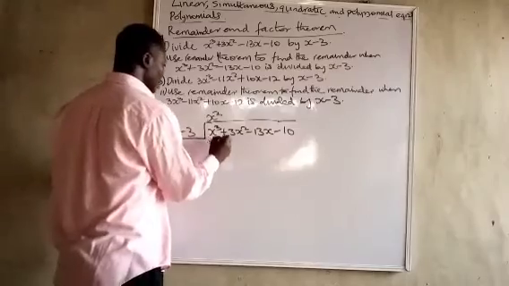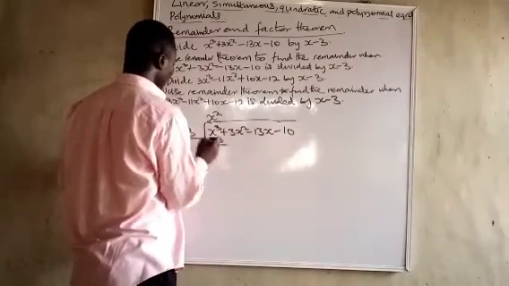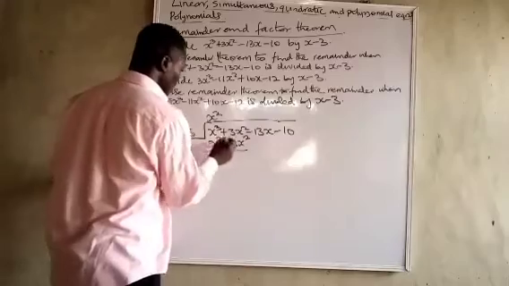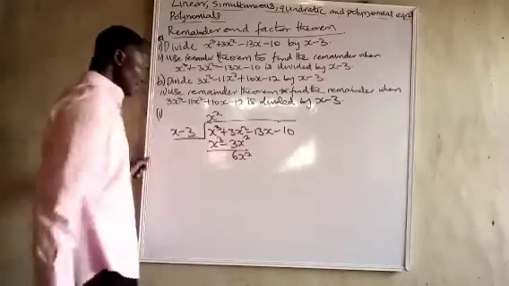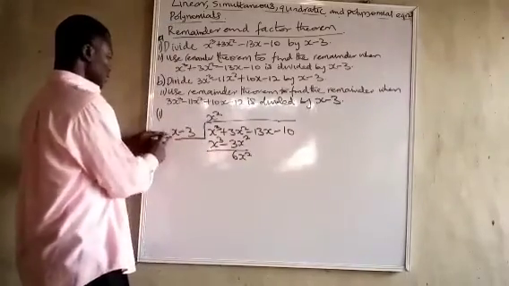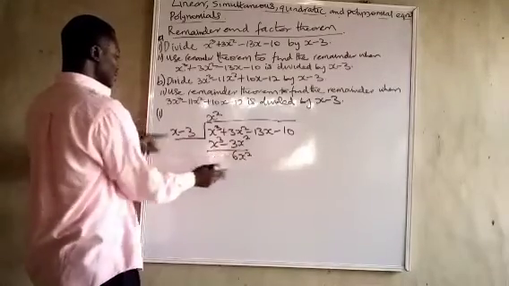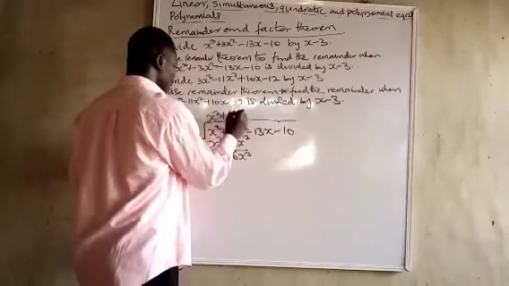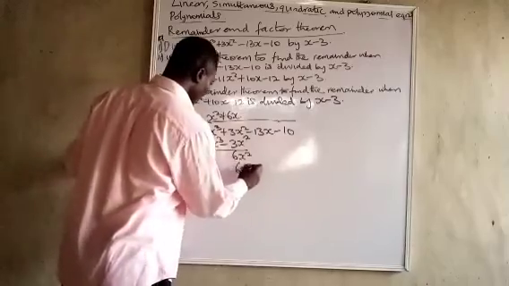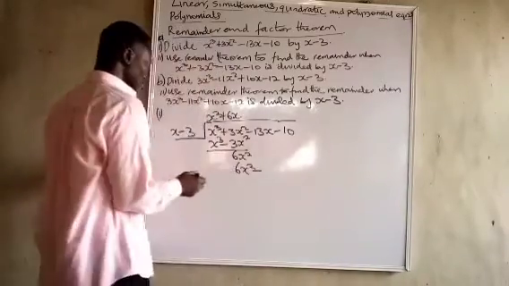This one will give us x cubed minus 3x squared. Now subtract. This will give us 6x squared. Put 6x, so 6x squared plus 6x. Now 6x times this is going to give me 6x squared minus 18x.